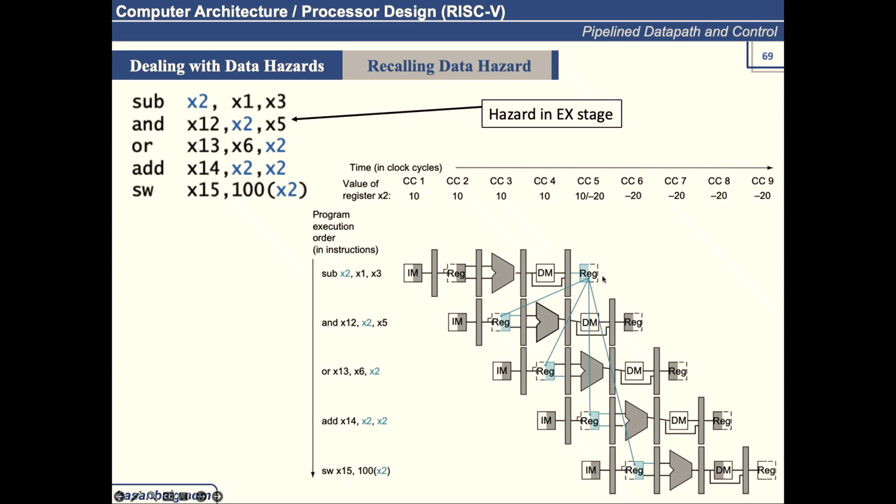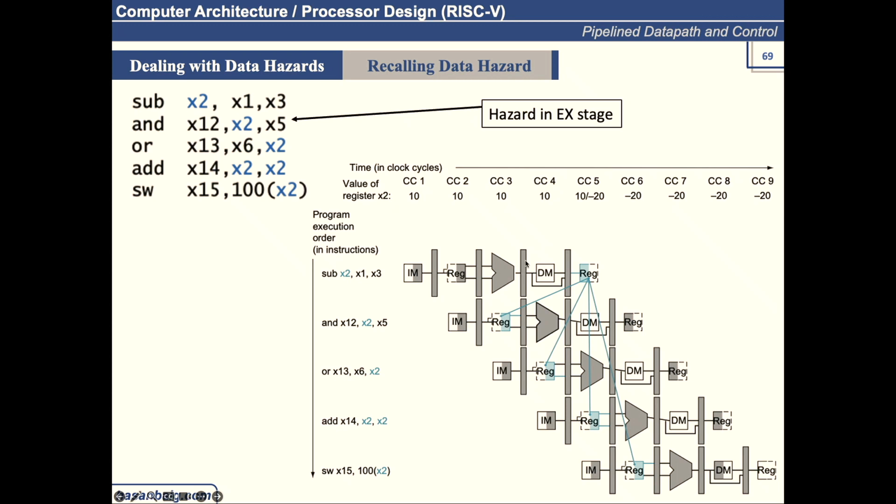Let's say the second instruction is fetching the data at 9 a.m. and the first instruction will be writing the updated value at 11 a.m., for example. So you cannot get the updated value at 9 a.m., of course. Okay? So what we need to do is, as soon as this value is calculated here, because the value x1 minus x3 is calculated at this point, right?